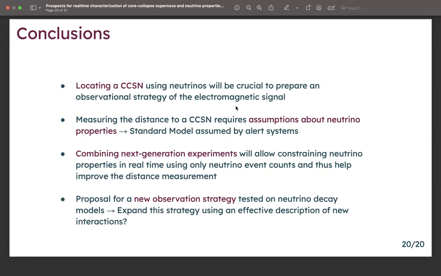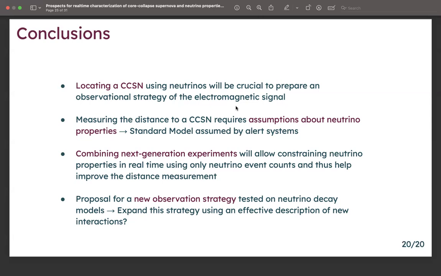For now, the standard model is assumed, but we saw that if some other scenario was true, this could bias the results. And we showed that combining next generation experiments would allow constraining neutrino properties in real time using only the neutrino event counts in these particular intervals. And this would help improve this distance measurement in addition.